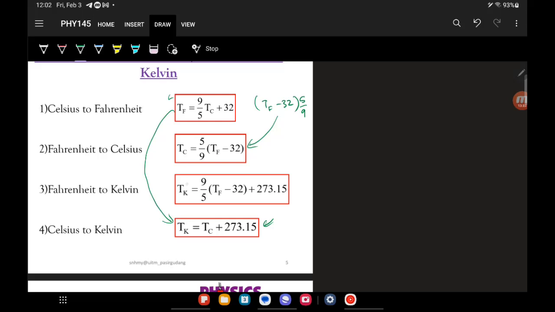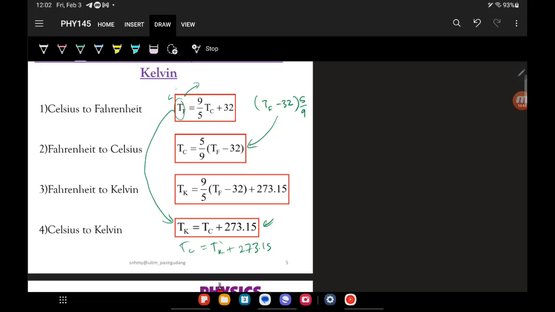Let's say you want to change the Fahrenheit to Kelvin. From this equation you need to have Celsius. You just change this equation from the equation between Celsius and Kelvin, TC equivalent to TK minus 273.15.